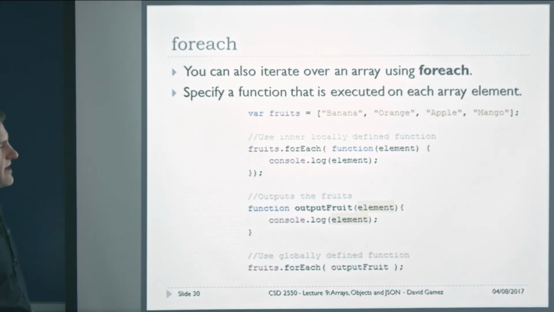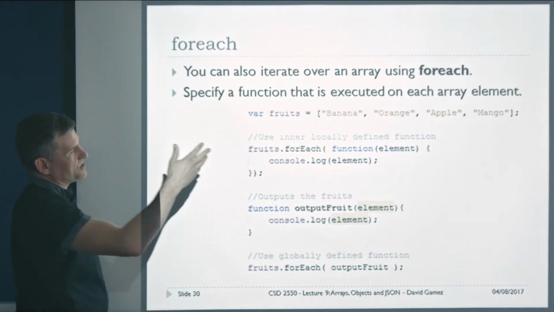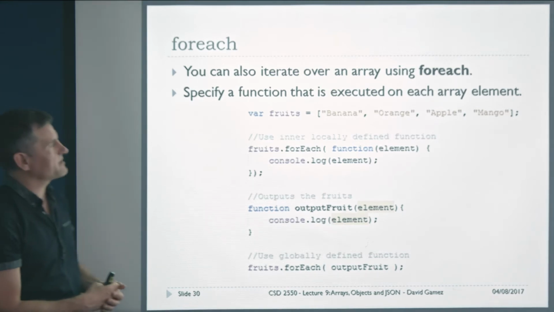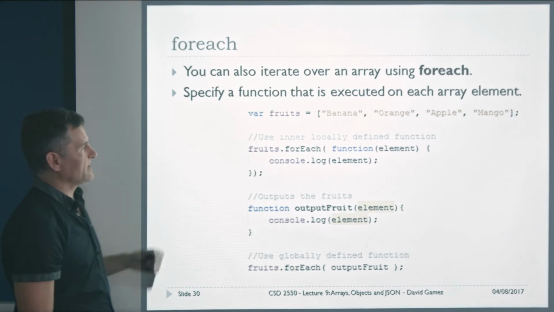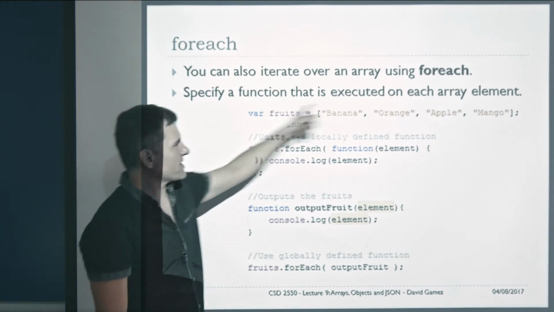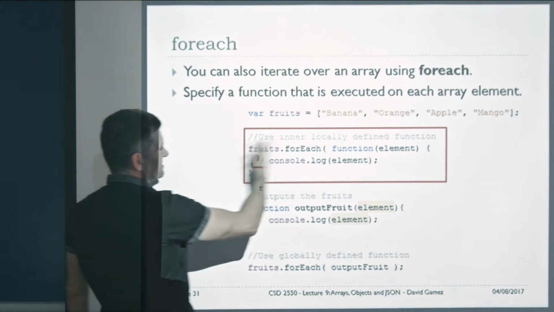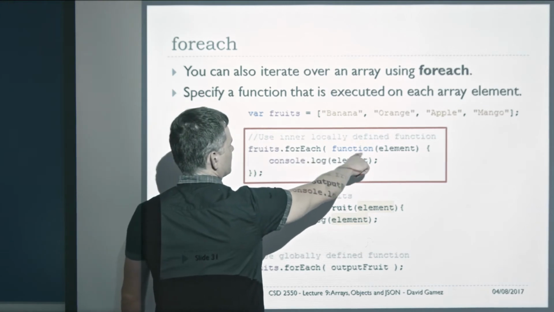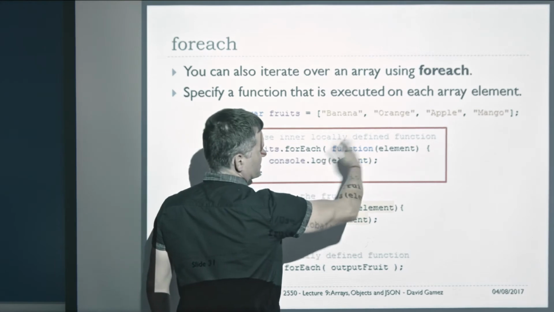Another way of working through an array, which is appropriate in some circumstances, is to use the forEach functionality in JavaScript. In this case, we specify a function that's executed on each array element. So here again, we've got the fruits array, and here we've got the forEach. Now we can do it two different ways, right? We can do fruits.forEach, and in this case, we can create our own anonymous function. So the function doesn't have a name.